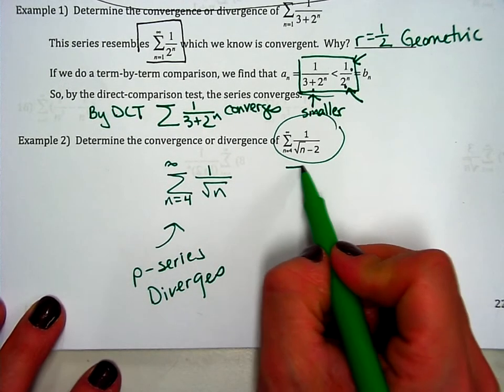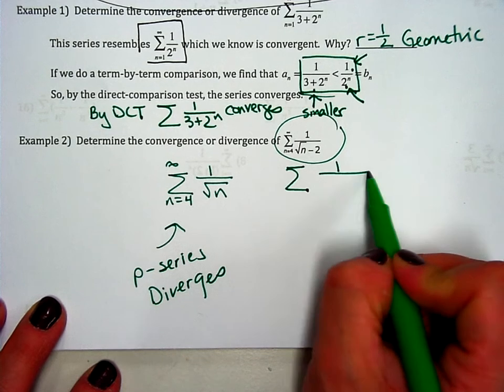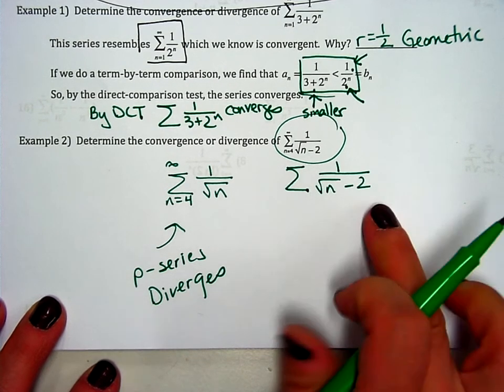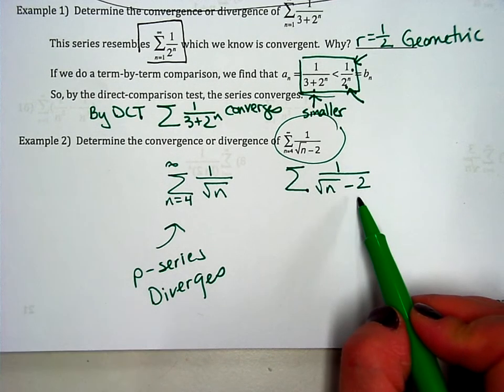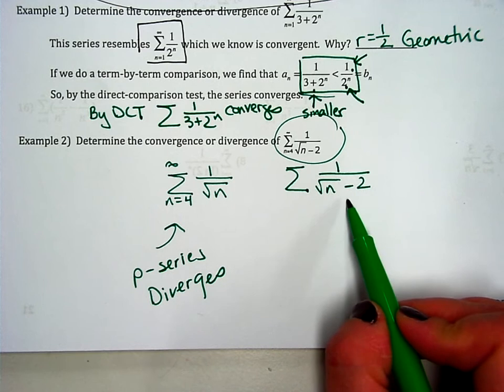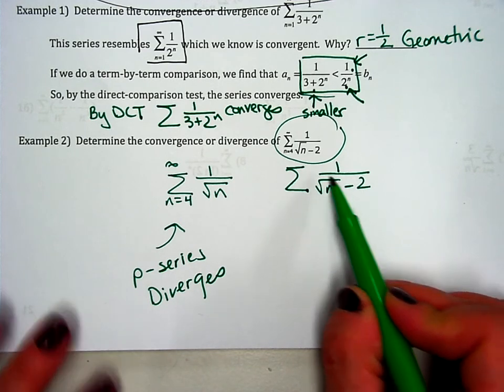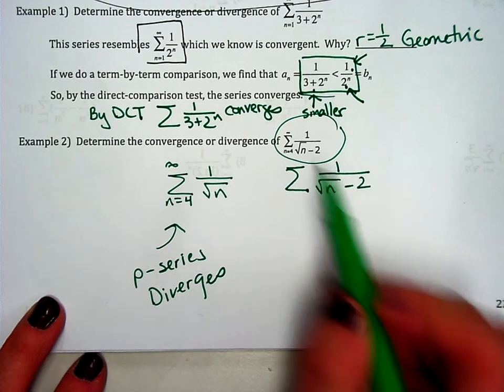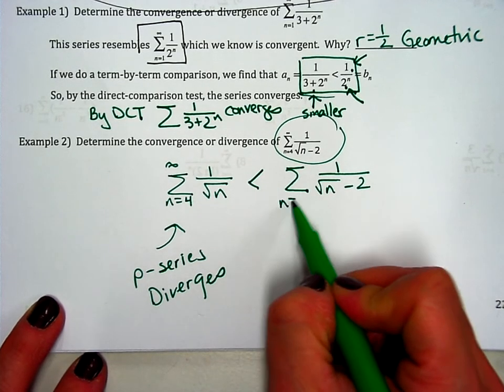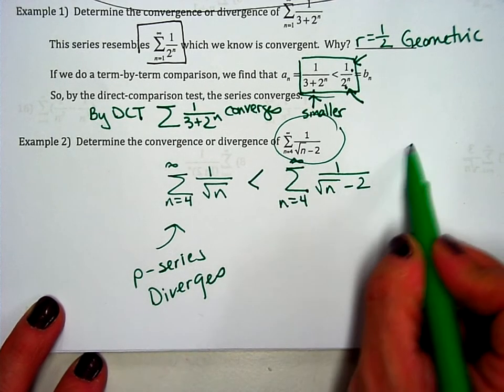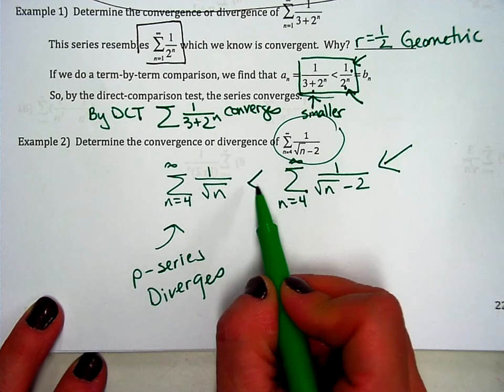So we have to figure out what is the inequality. Now here what you're doing is you're just subtracting a number from the bottom. So if you subtract a number from the bottom of the fraction, the bottom gets smaller, but the entire fraction gets bigger. So I can say for sure that this term will always be bigger than this term.